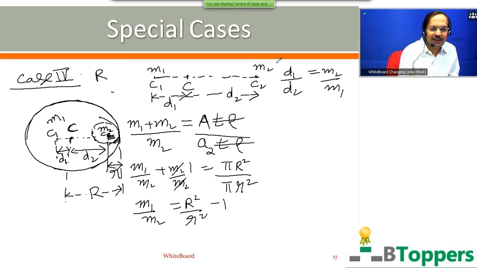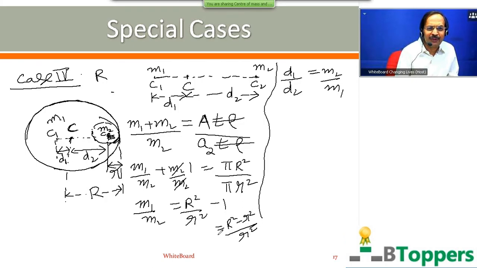So for a system of two bodies you can write D1 by D2 equal to M2 by M1. From here, M1 by M2 you get capital R square minus small r square by small r square. So M2 by M1 can be written as small r square by capital R square minus small r square.